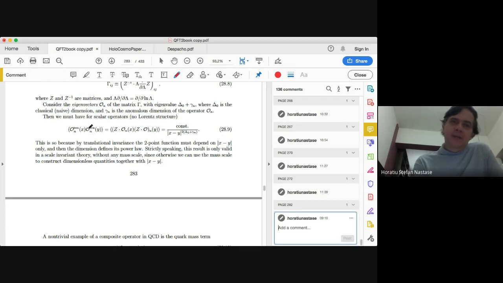But of course, if x minus y is small enough, then M times x minus y is much smaller than 1, so irrelevant. So that means that this is always true, at least at x minus y extremely small.